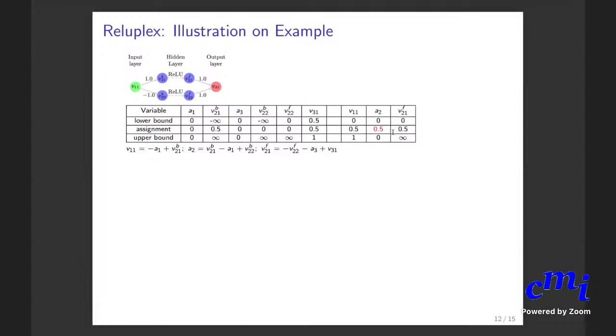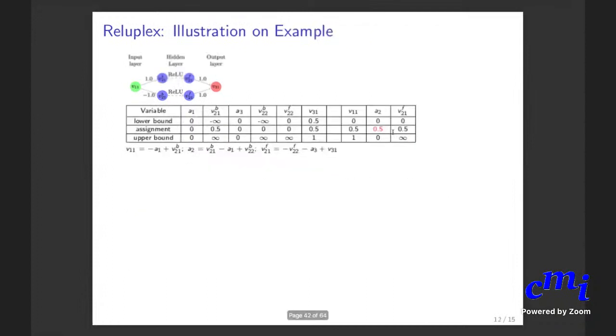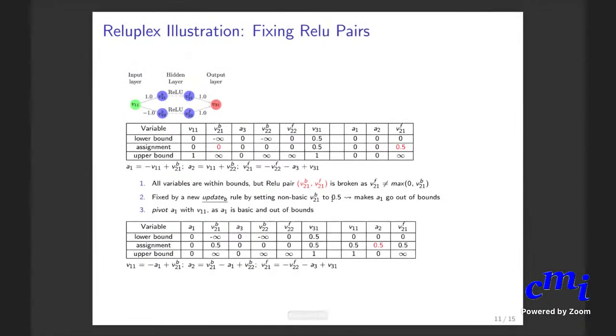You get this. But you still have A2 violating as a result of that. So now you pivot again.